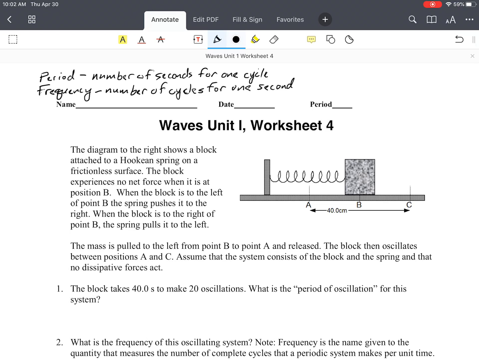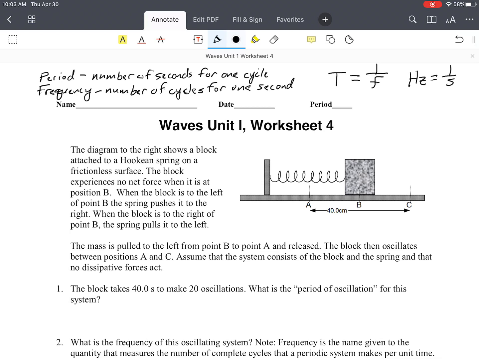So once again, period is the number of seconds for one cycle, and frequency is the number of cycles for 1 second. Which means, because they have this inverse relationship, we can say that period is actually equal to 1 over frequency, which is noted by the letter F. And frequency has units of what are called hertz, and a hertz is actually equal to 1 over second.